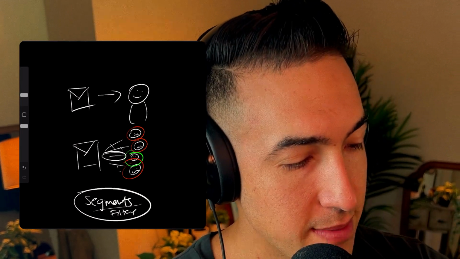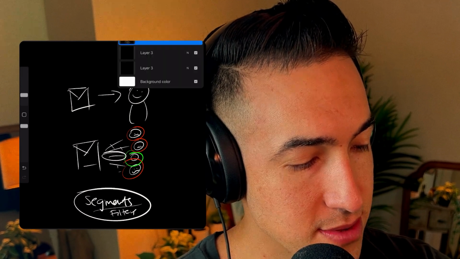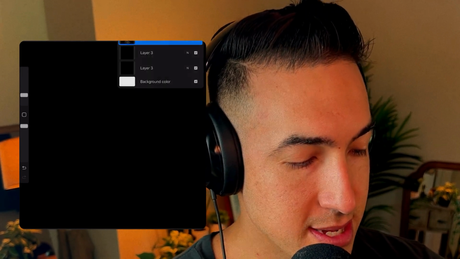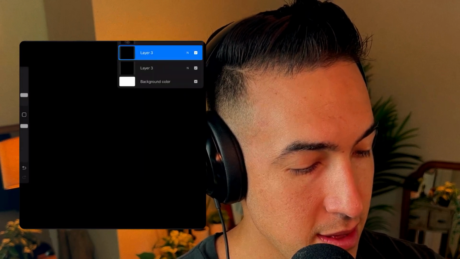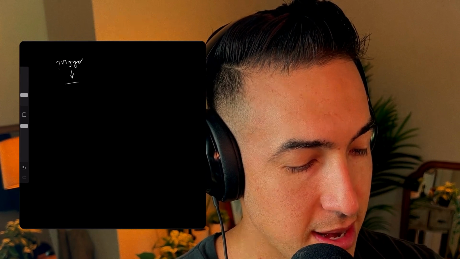So you have automated flows. Now, automated flows is going to be important because you're going to use these segments, and these segments are going to be based off of a trigger that then fires and goes into an email that's automated here.